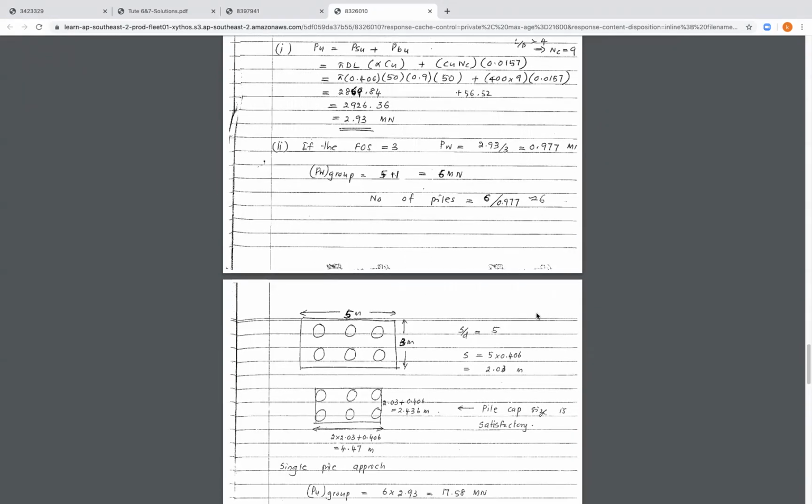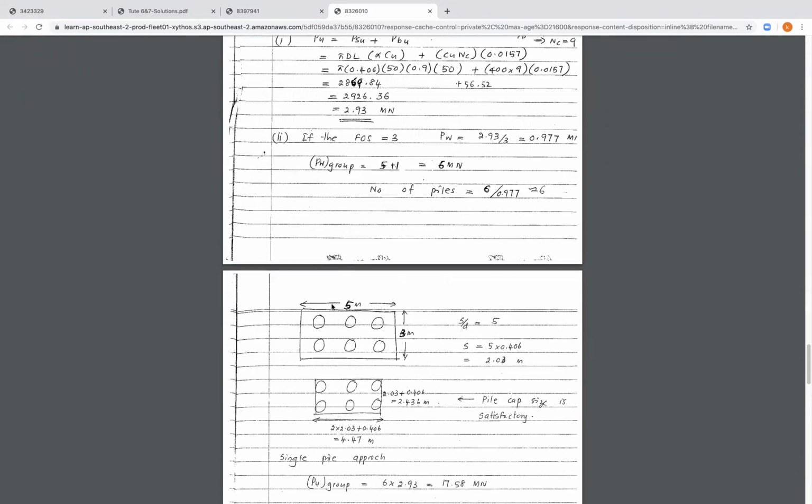And then we need to lay out these piles within the 3 meter by 5 meter. We need to remember that the spacing to diameter is 5 to 6, so we can take 5 or 6. We will try with the first one, which is 5, because we need to find the value of spacing center to center.